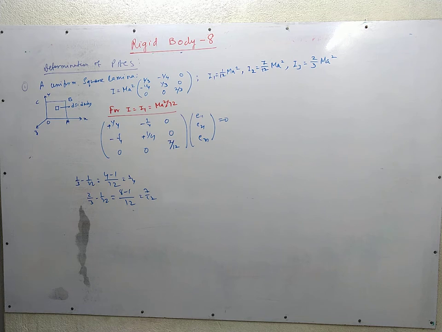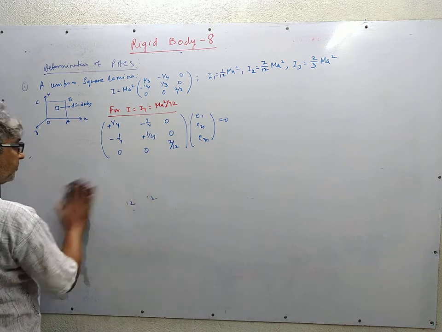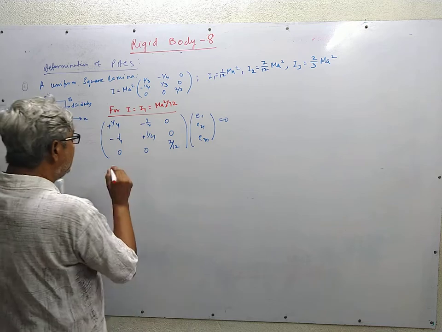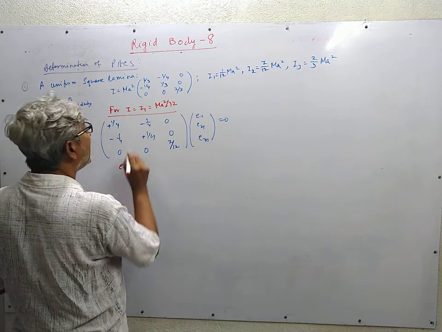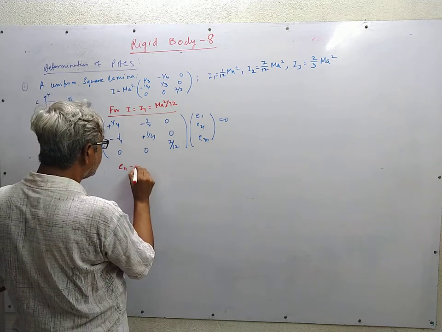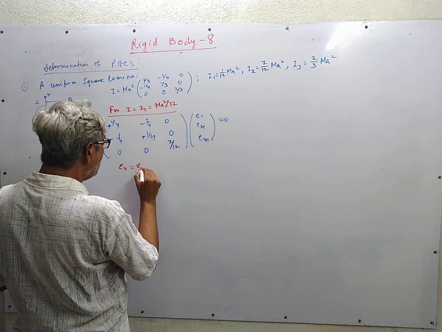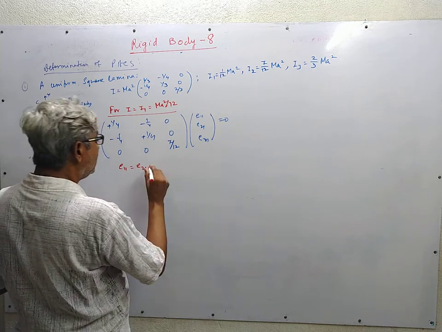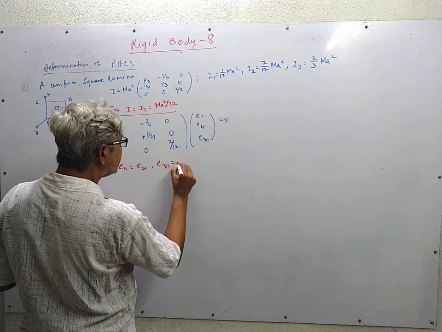Now, if we carry out the matrix multiplication, we see that E11 is equal to minus E21, and E31 is equal to 0.